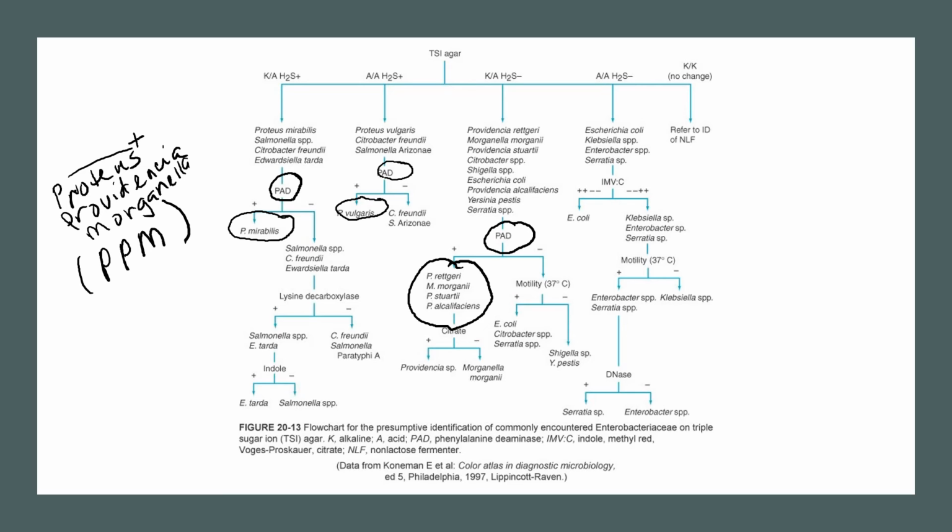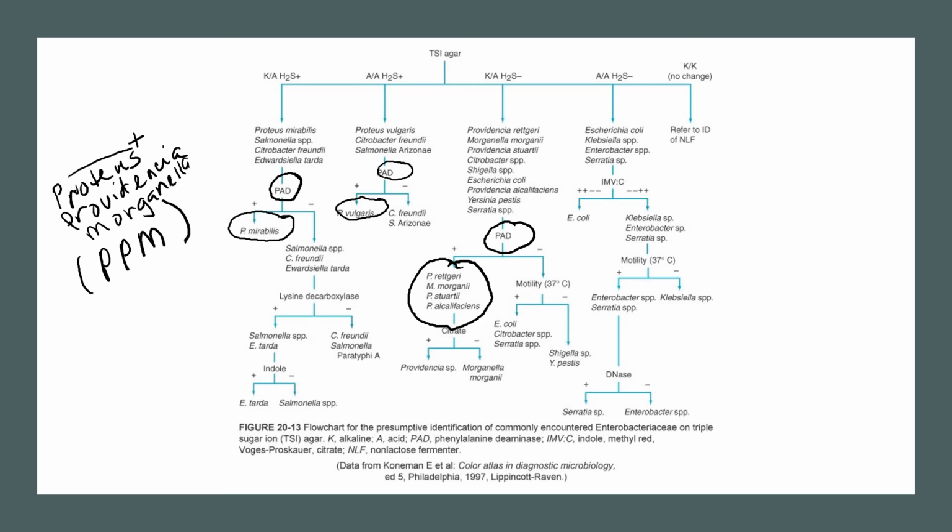Now remember from biochemistry, amino acids are made up of two groups, the carboxyl group, COO minus, and the amine group, NH2. So certain organisms produce decarboxylases, while others do not.